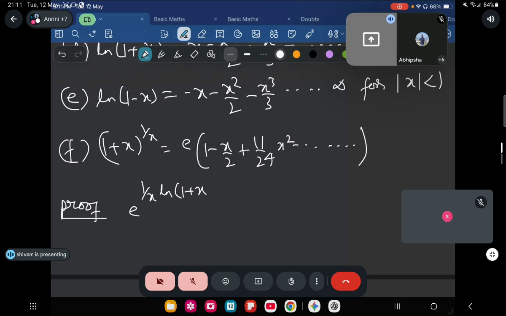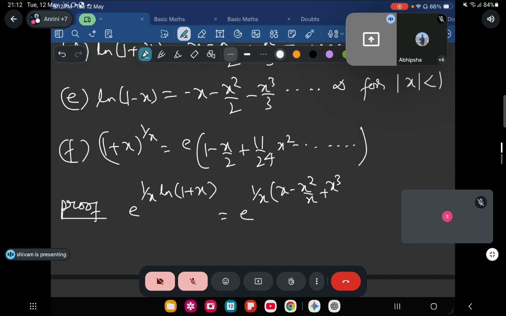E to the power 1 by x into ln 1 plus x. And what is the expansion of ln 1 plus x? Tell me, everyone. Just now we have seen, right? It will be equal to e to the power 1 by x within brackets, ln 1 plus x, which is x minus x square by 2 plus x cube by 3.